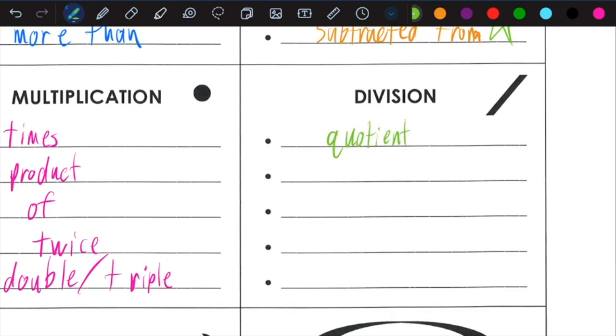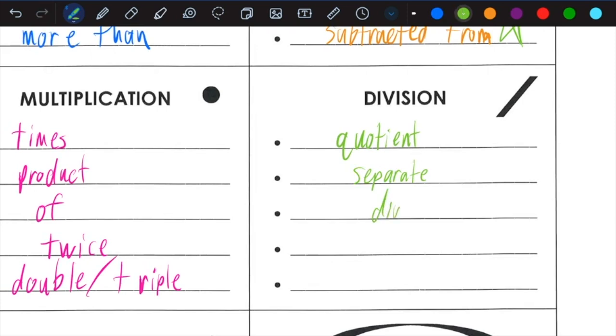And division: quotient, which is the result of division. Separate, which I always remember how to spell thanks to a college professor, for it has a rat in the middle. Divided by. Split up, like the gang in Scooby-Doo does.